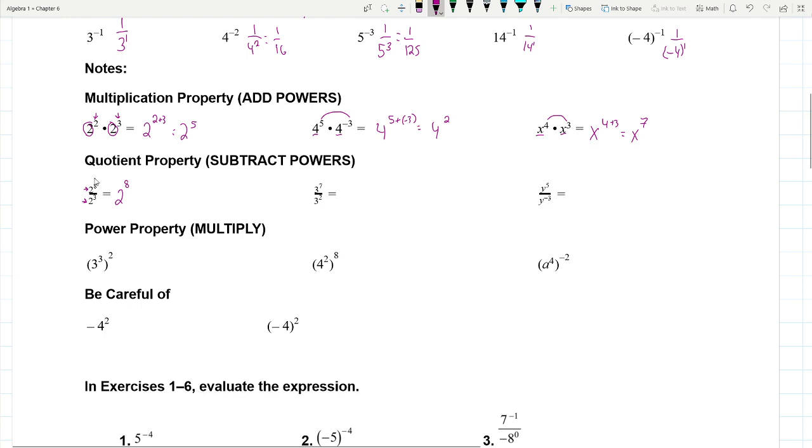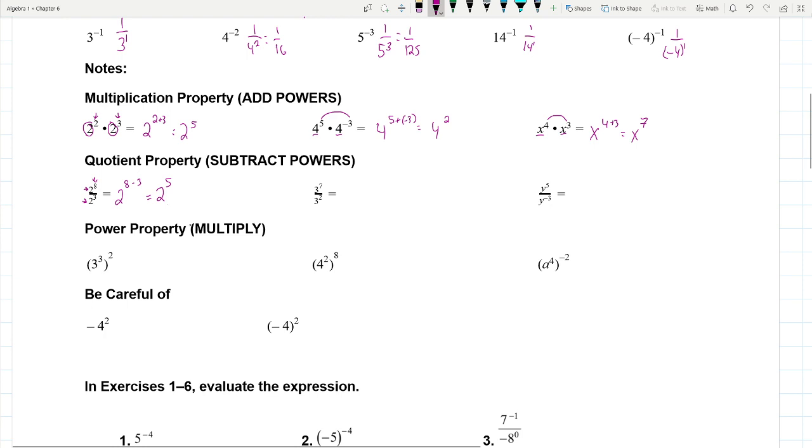The exponent on top of the fraction bar always comes first. So 8 minus 3, and 8 minus 3 is 5.